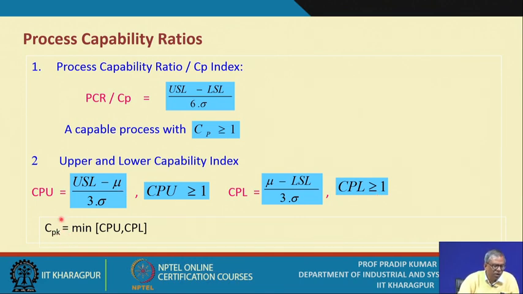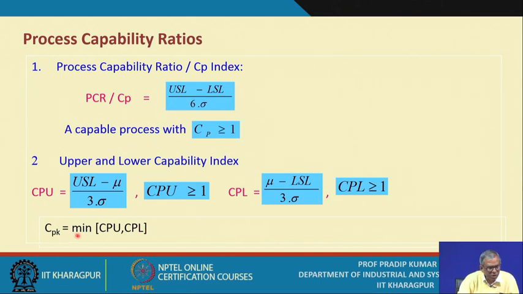Now, here the actual capability index, that is CPK. Just note it down that the CPK is actually the process capability index. And what is CPK? One way you say is that this is the minimum of CPU and CPL. Suppose the CPU I compute as 1.2 and the CPL is, say, 0.85.